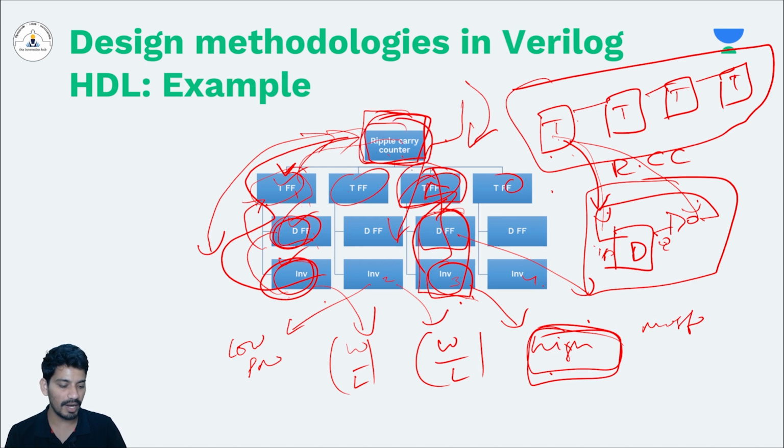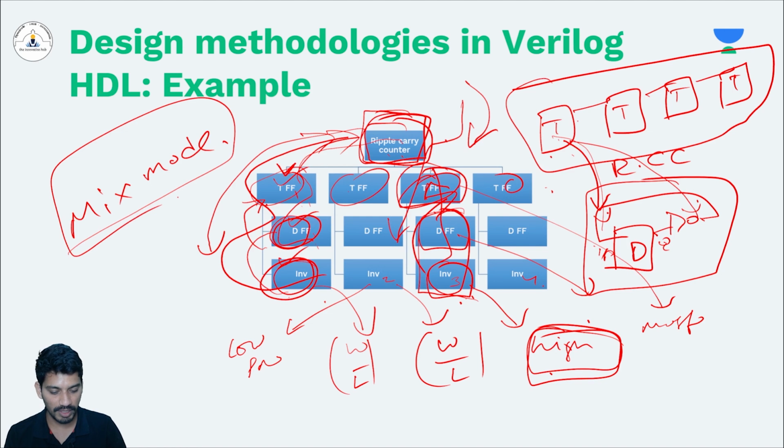Do the ripple carry counter using your own top T flip-flop where the design is high speed design. This is what we call mixed mode design, where you utilize both the top-down approach and the bottom-up approach. This mixed mode design is basically used in complex systems like microprocessors or designing memories and these kinds of things.